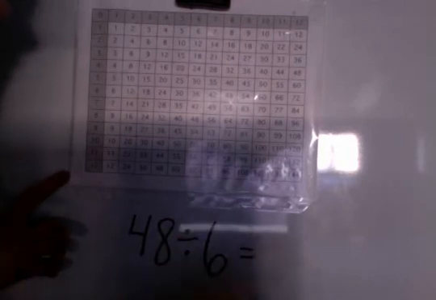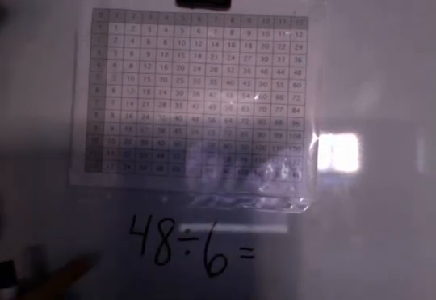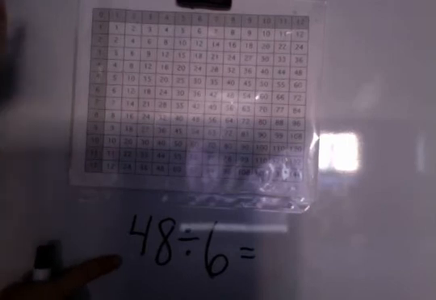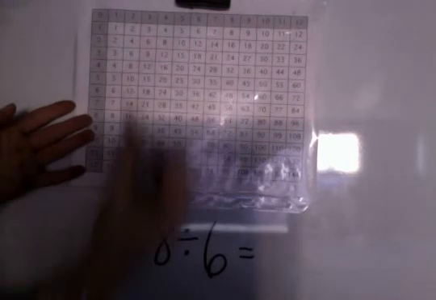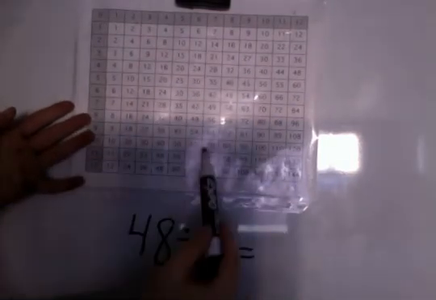So let's take a look at this. If I were to solve the problem, let's do 48 divided by 6. This number here we know is our total. Our totals are found in the middle.